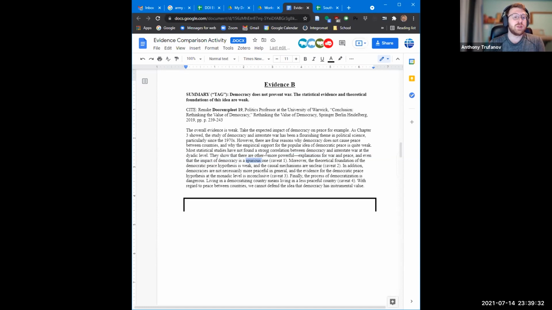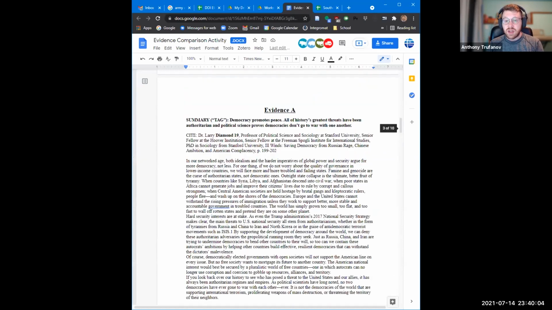Sure, democracies might not go to war with each other, but that might not be because they're democracies. It might just be that countries that are rich happen to be both peaceful and democratic, or countries that trade with each other happen to be both peaceful and democratic, right? It might not be democracy at all that's causing peace. It might be something totally different, right? So that's what this author means when they say the impact of democracy is spurious, right?